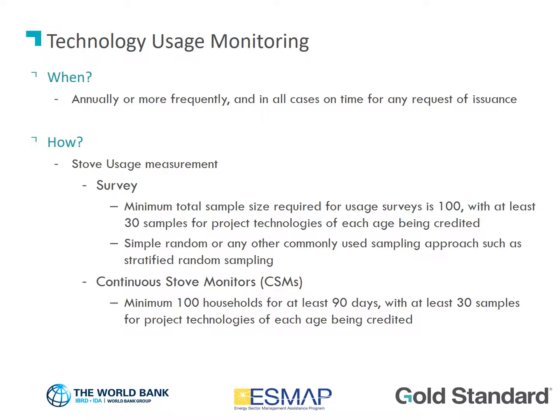Also with surveys, simple random or any other commonly used sampling approach, such as stratified random sampling, is recommended. Another option besides surveys is continuous stove monitors, and the sample size for this is 100 households for at least 90 days, with at least 30 samples for project technologies of each age being credited.